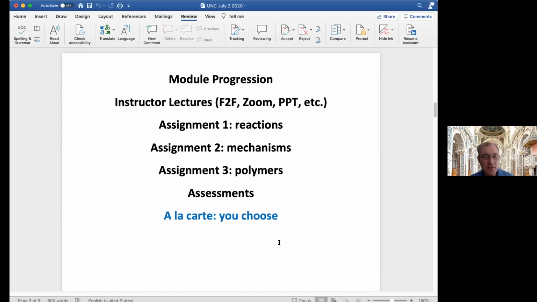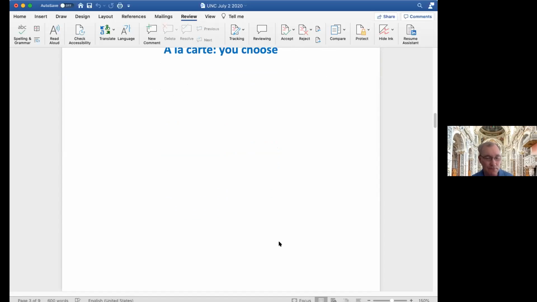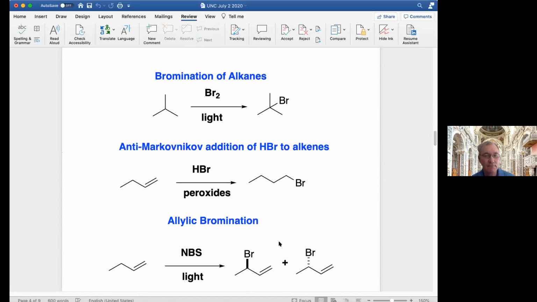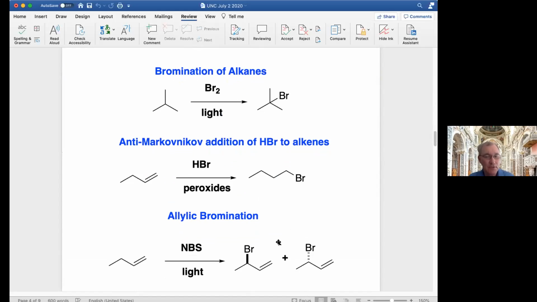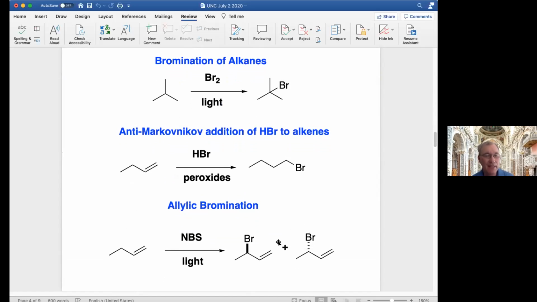The intention is that the students will complete assignments 1 and 2 on reactions and mechanisms before getting to the polymers assignment. But once again, you can choose anything in this module that you want to use. The 3 main reactions covered in both the reactions and the mechanisms assignments are the bromination of alkanes, the anti-Markovnikov addition of HBr to alkenes, and the allylic bromination reaction.